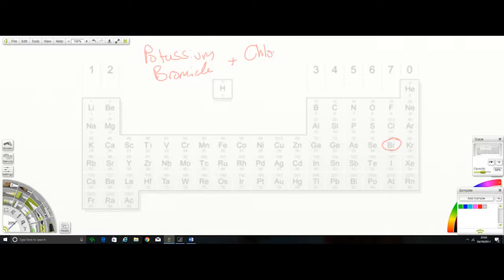So potassium bromide plus chlorine is going to make potassium chloride, so it did displace it, IDE, remember, plus your bromine, which is going to be on its own, which is INE. So from ionic equation, this is K plus because it loses an electron, this is Cl minus. If you swap the numbers over, it's a 1-to-1, so it's going to be KBr.